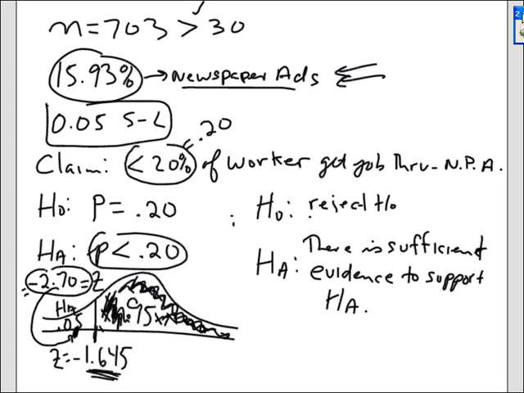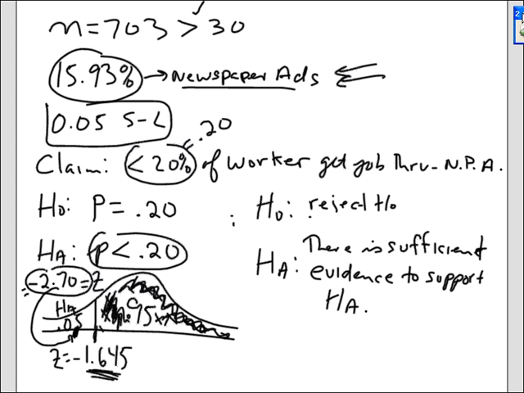And if you did many, many studies, many random surveys with a sample size of 703, 95 times out of 100 you would be correct in saying that there's evidence that HA is true, that you should go with the claim.